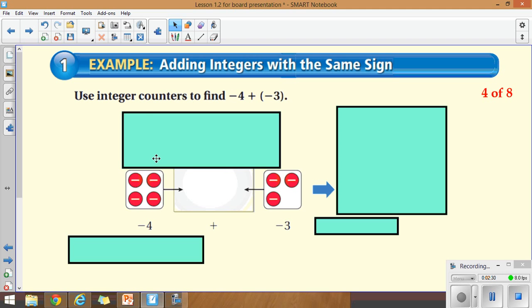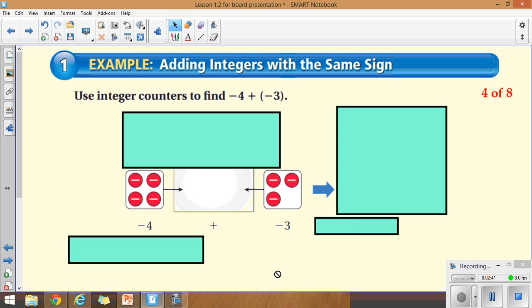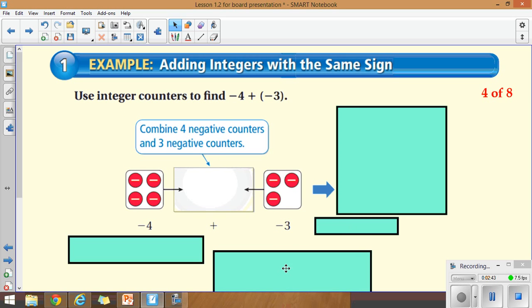Page 4 of 8. We're going to use counters to find what -4 plus -3 is. What we're going to do first is combine 4 red tiles to represent negatives and 3 more red tiles.